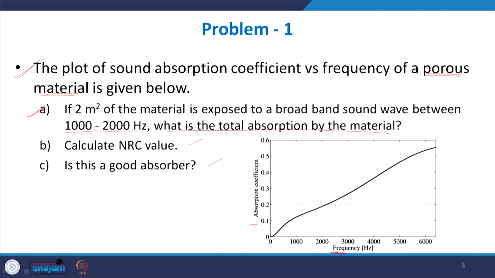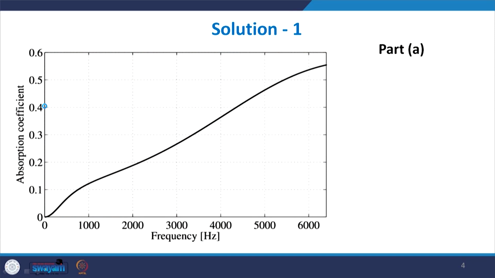Here the surface area of this particular material is 2 meters square, and the target sound incident on it is a broadband sound between 1000 to 2000 hertz, and we have to find the total absorption. Now we know that the total absorption by a surface is simply the surface area of that material multiplied by the average alpha, or the average absorption coefficient of that material, and alpha has different values for different frequencies.